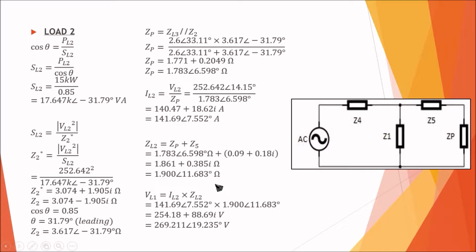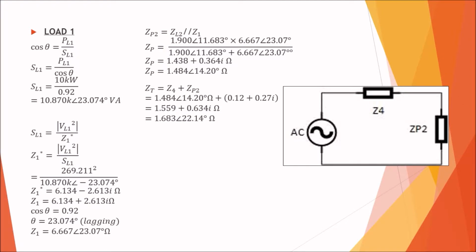So we can use this information to find the voltage at line 1. Using Ohm's law, the current of L2 times the impedance of L2, we get the voltage at line 1, which is 269.211 angle 19.235 degree volts.